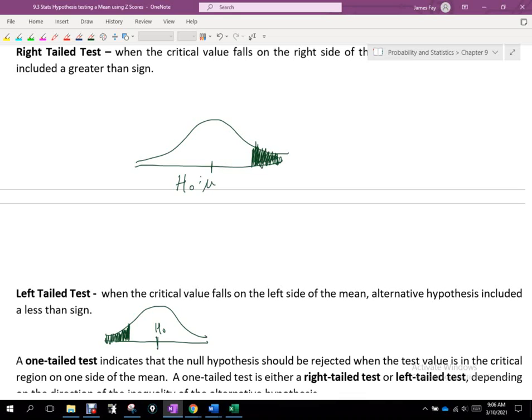If it lands in the white, then you're going to say our sample statistic is not different enough from the mean to say that the mean was not what was hypothesized in the null hypothesis. Basically, the difference recognized in the sample was simply due to chance and not because the actual population mean is different than what was hypothesized.